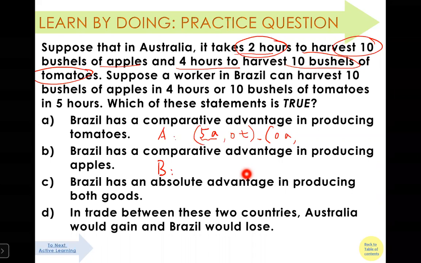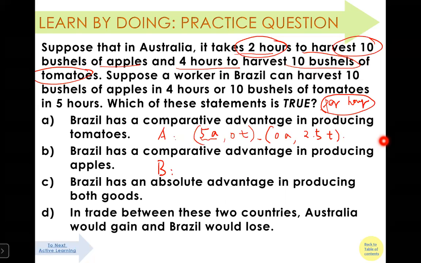In 4 hours, they're going to harvest 10 bushels of tomato, meaning each hour, they can have 2.5 tomato, right? So what I'm trying to do is just convert everything to per hour, to make the calculation comparable or easier. Everything's in 1 hour, right?